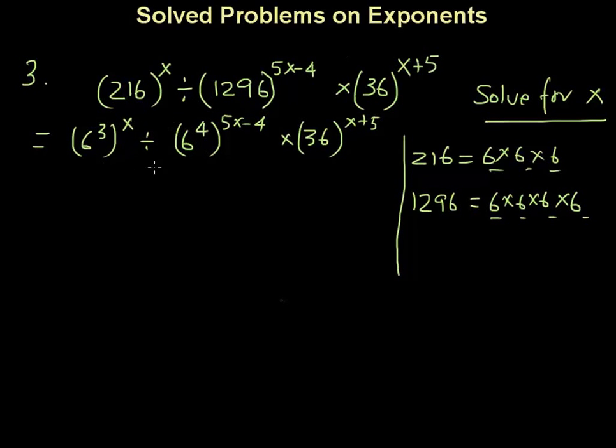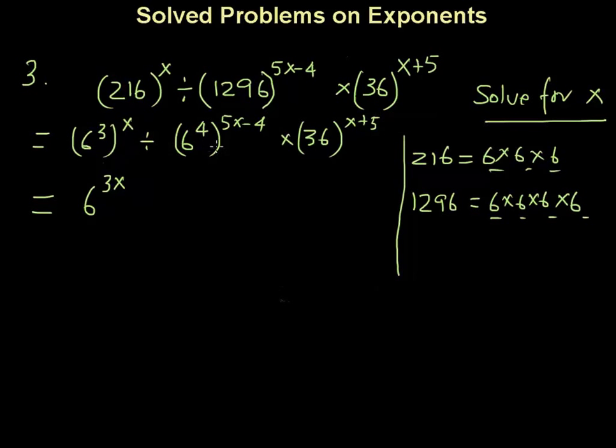So now we see this division here, so first of all we need to do the division operation. We need to go back and rewrite this as 6 to the power 3x, because this is multiplied here.